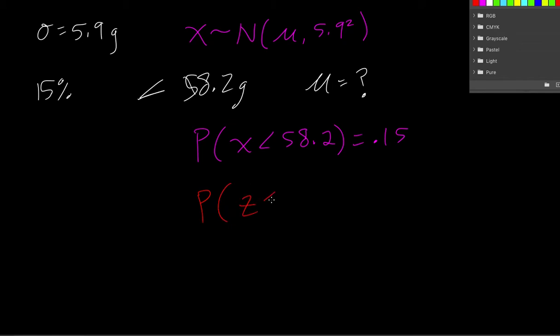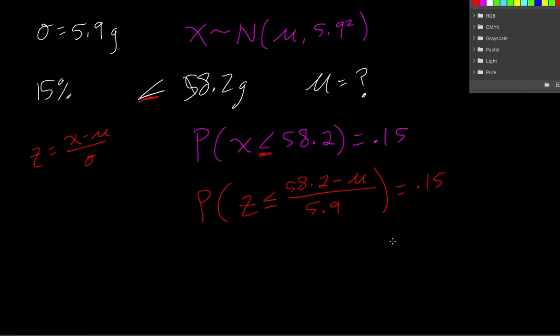So we're going to say z is less than or equal to, once again using that z transformation, which is x minus mu over sigma. We plug in our x value, subtract our mu, which we don't know, and then divide by our sigma, which is 5.9. Now, we know all of this is 15%, and we know that this is a z-score now.